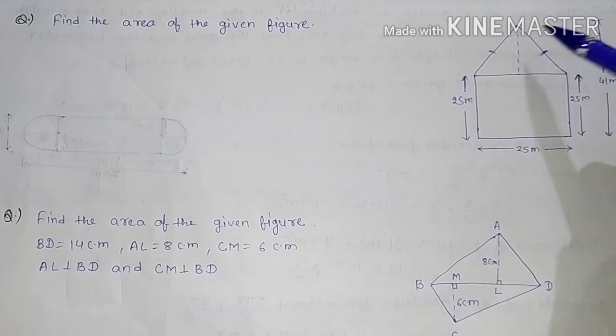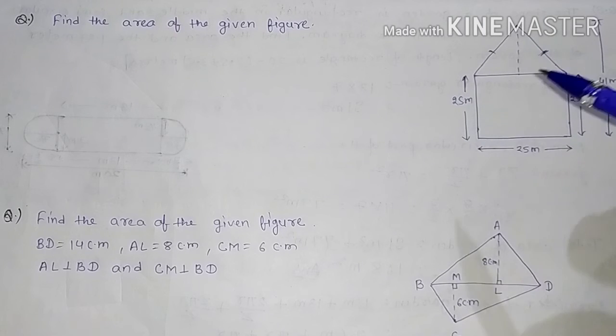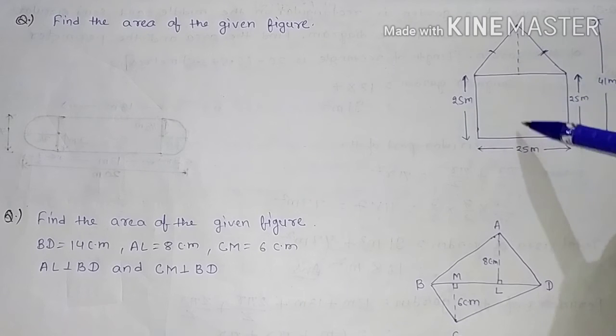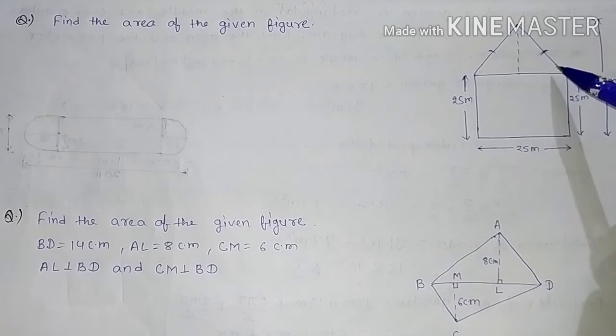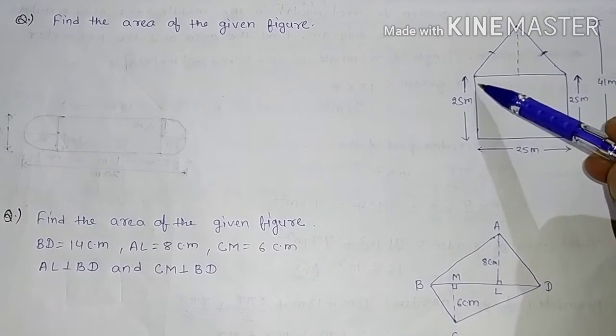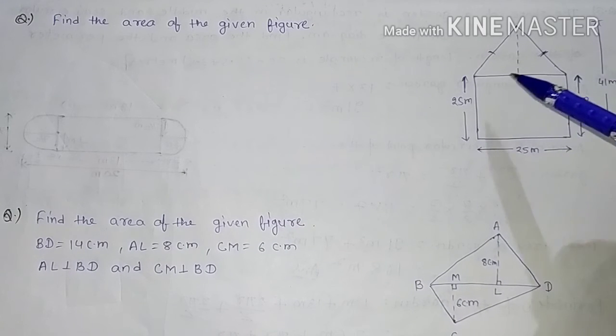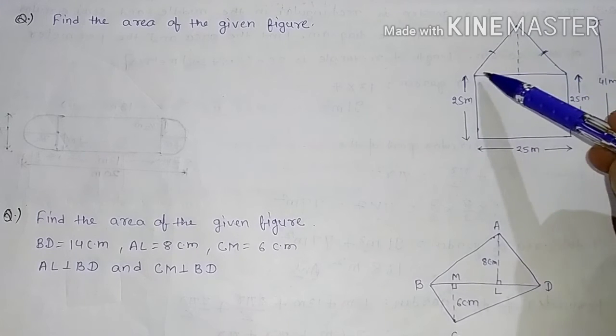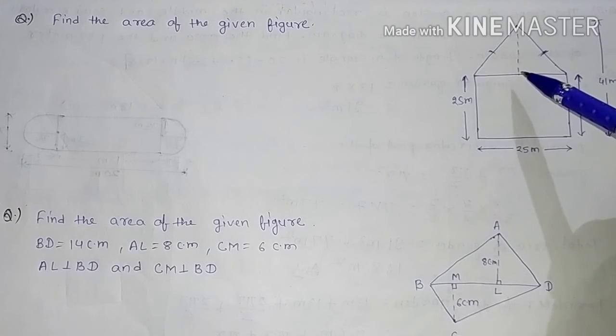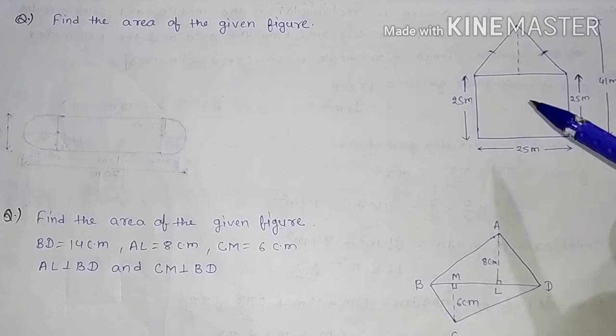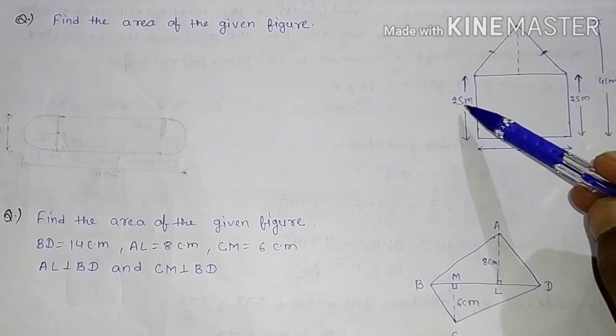What we have to find? We have to find the area of this figure. So simply, there are two figures attached together. The first one is a triangle and the second one is a square, and we have to find the area. The area of a triangle is half into base into height. We know this formula. And the area of a square is side into side.